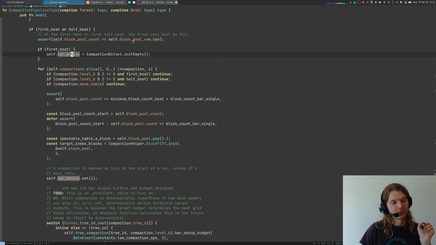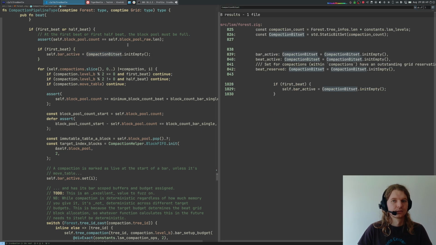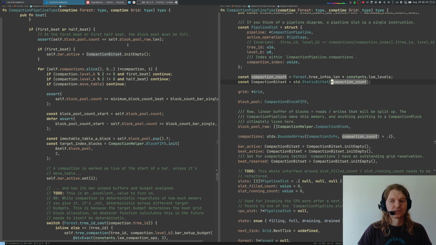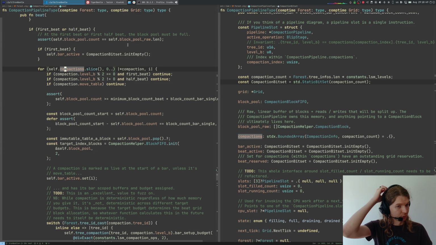Then apparently we have a set of compactions which are active in this bar. What is compaction bit set? So it is the total set of compactions, and compactions are the number of trees times the number of levels. Okay, which compactions are active? So we go through all of our compactions.